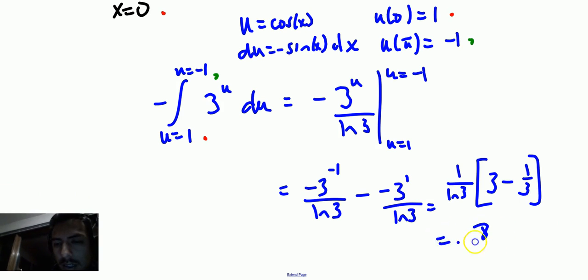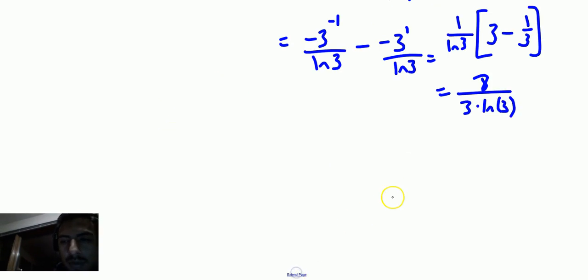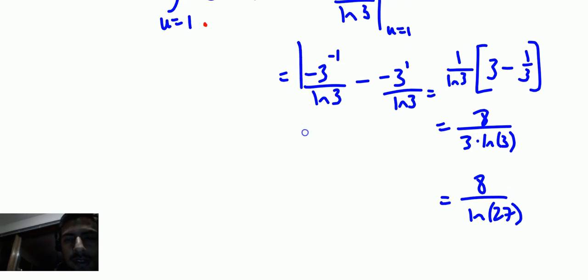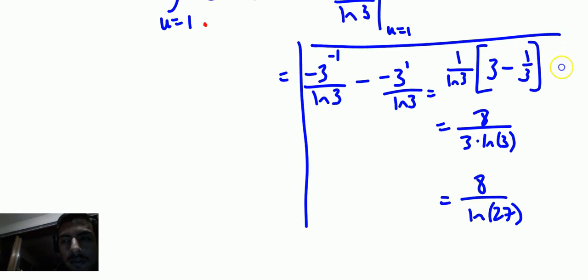So 8 over 3 times ln of 3. Or, because I want you to be aware on a homework problem of how many different ways you could rewrite this, we could also get 8 over ln of 27. Any one of those answers would have been fine.